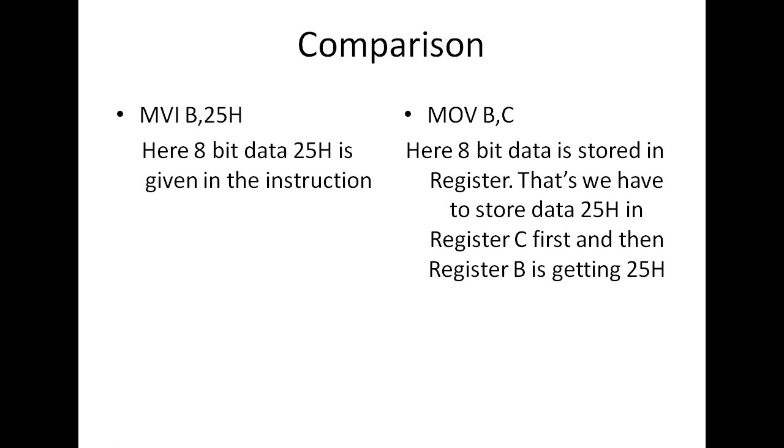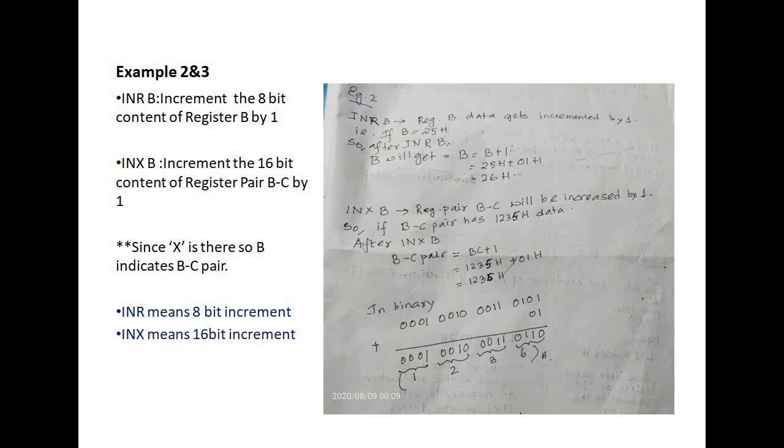Okay, next example: INR B. What does INR B mean? INR B means increment the 8-bit content of register B by 1. It is also an example of register addressing mode. Whatever data is stored in register B will get incremented by 1.